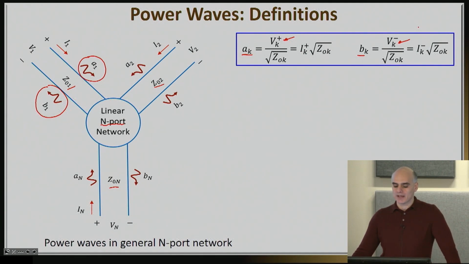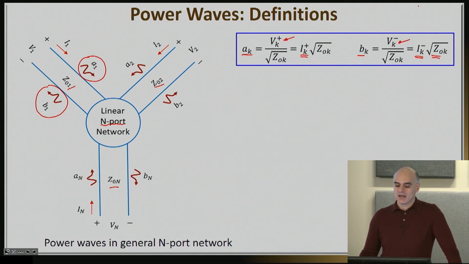You can also define exactly the same power waves based not just on the voltages but on currents. So A1 will be I1 plus, the incident current wave, multiplied now by the square root of the characteristic impedance Z01. Similarly, B1 will be equal to I1 minus, the reflected current wave, also multiplied by the square root of the characteristic impedance of the port, Z01.